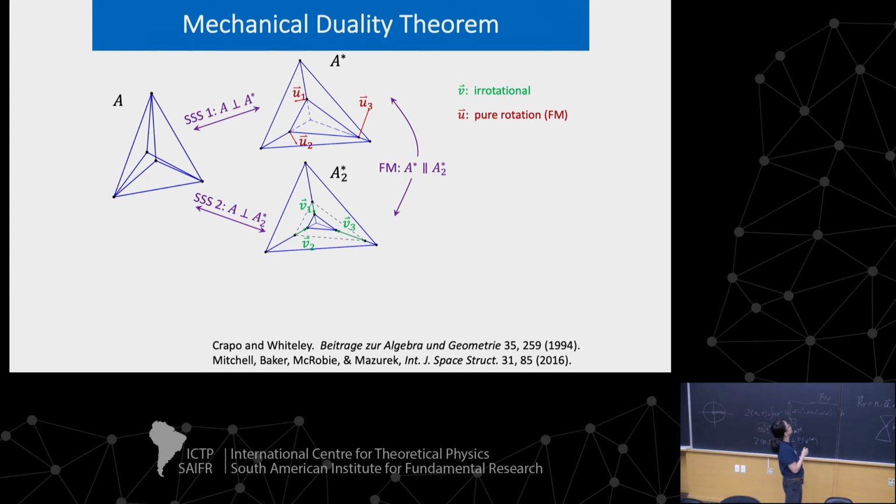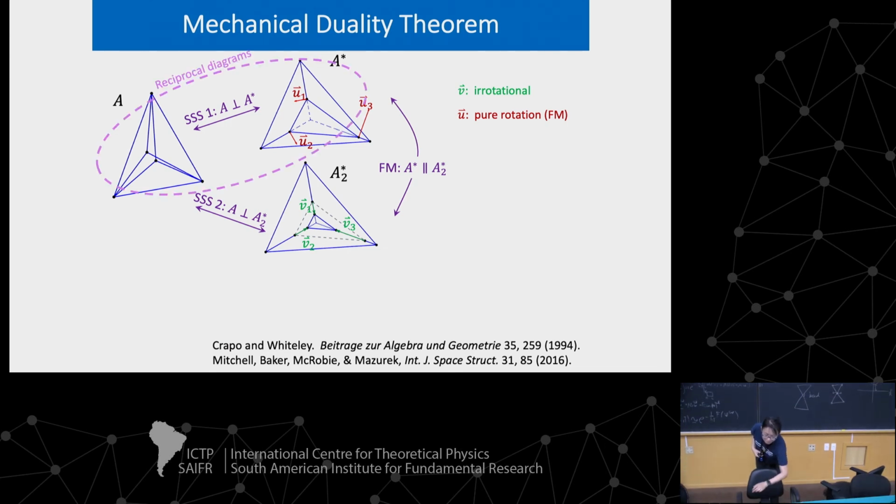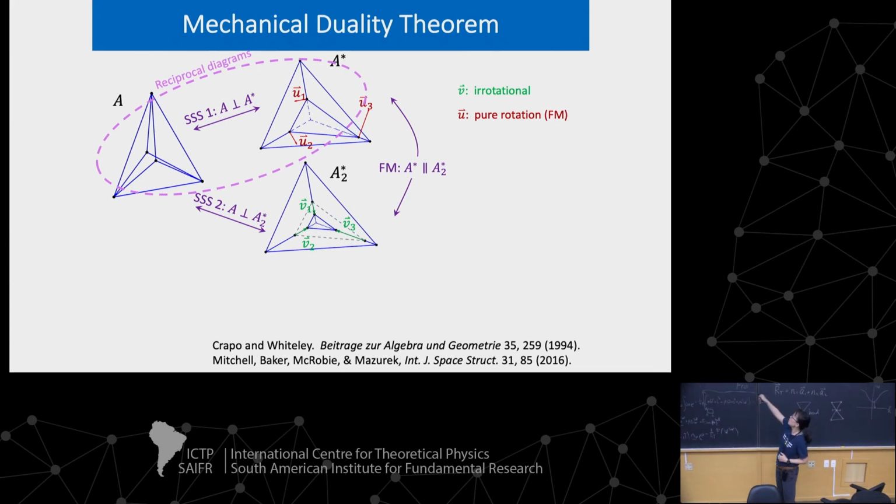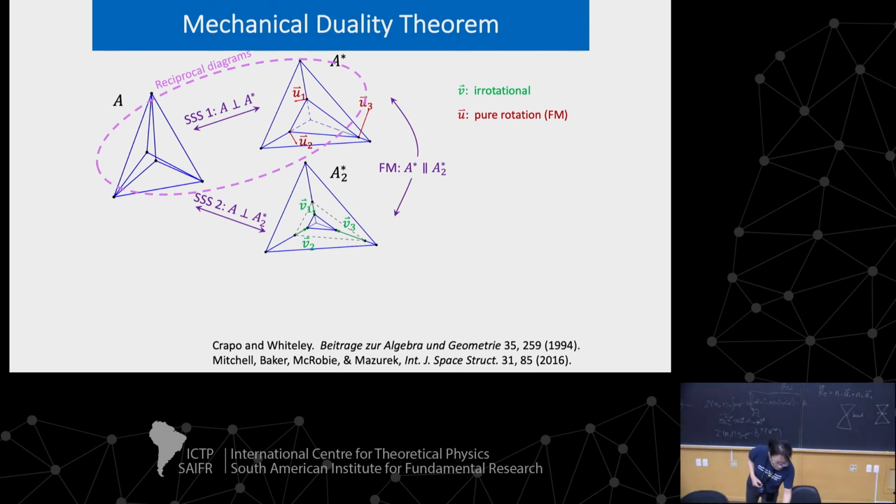You get a floppy mode, right? Because this mode only rotates the bond without changing the length. So this tells you that when I have a state of self-stress here, if I identify this pair as the reciprocal diagram I have, then whenever I have a state of self-stress in this one, I must have a zero mode here. There is a one-to-one correspondence you can rigorously construct, okay?